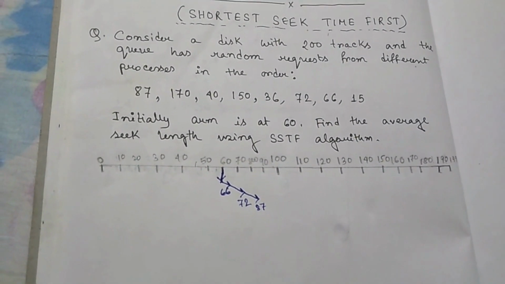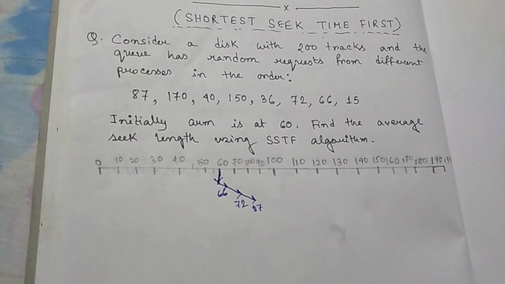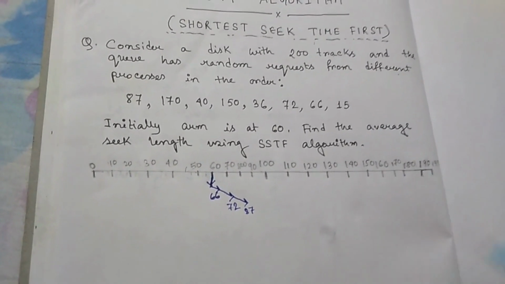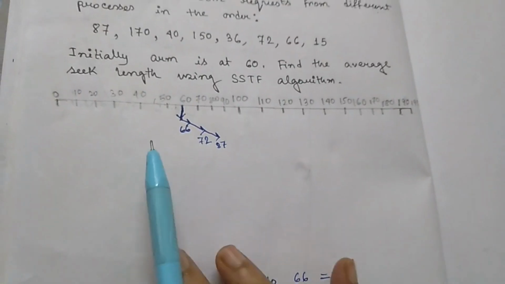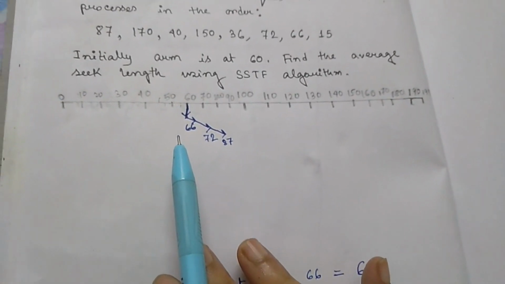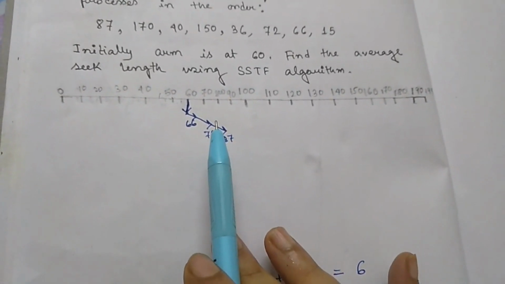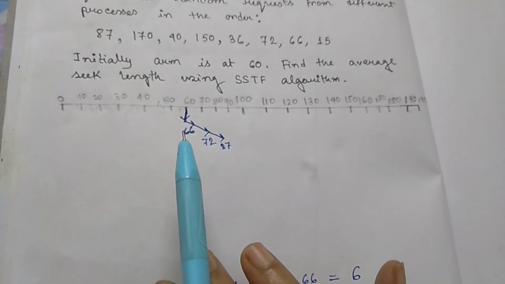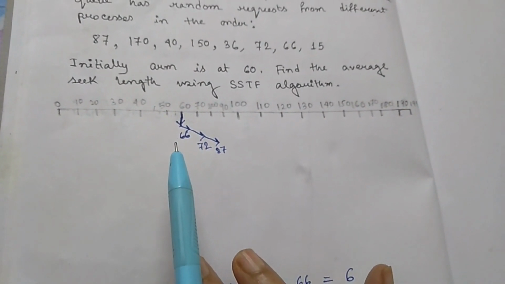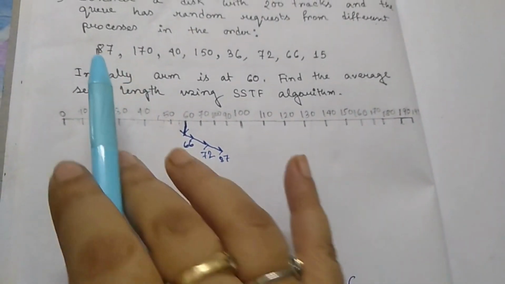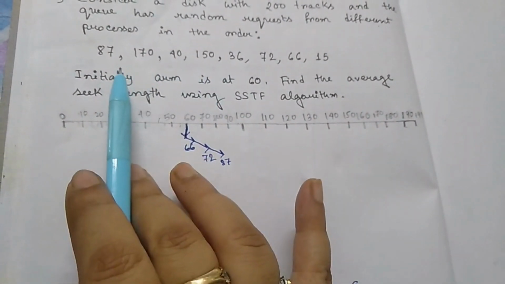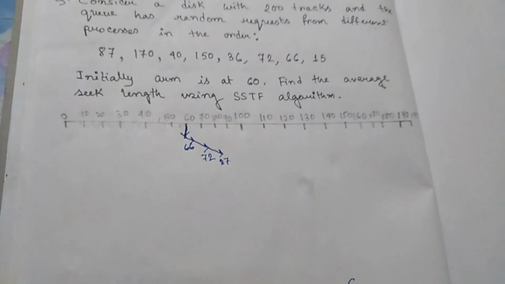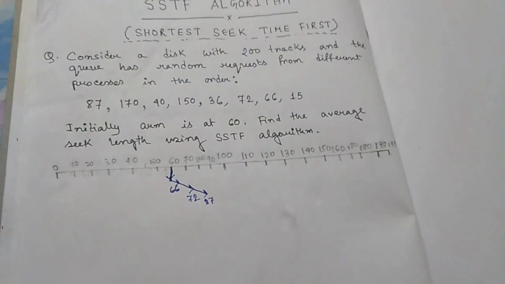So the nearest job of 87 is 40, because the gap of 87 to 40 is 47. But if we consider the other gap, that is 87 to 150, the gap is almost 63, right?